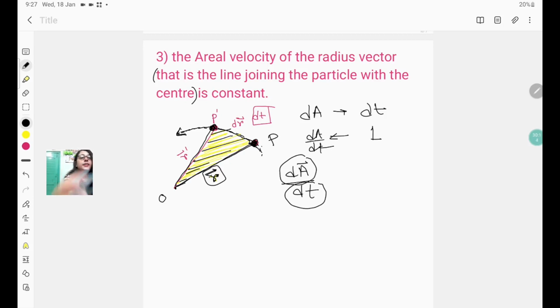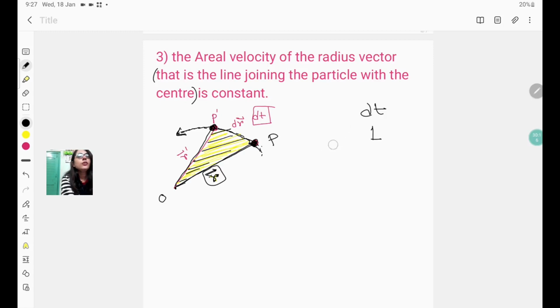So this dA by dt is equal to the areal velocity.